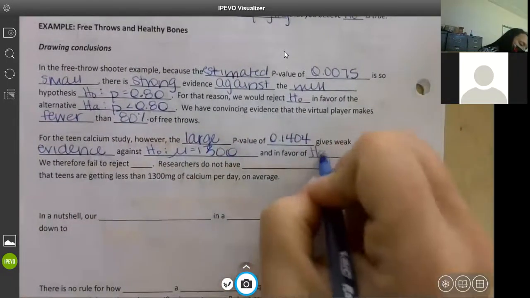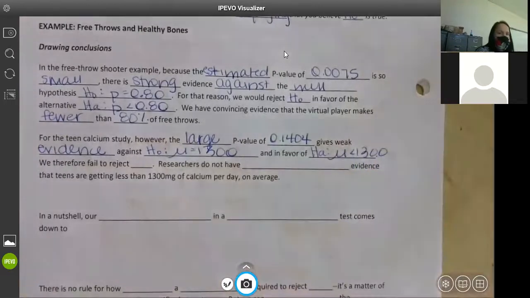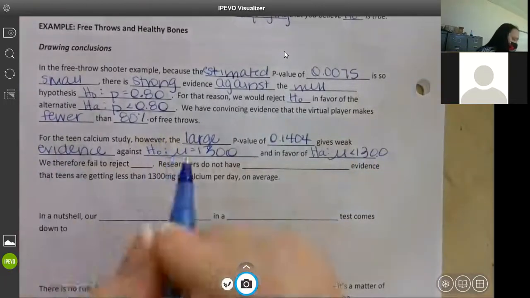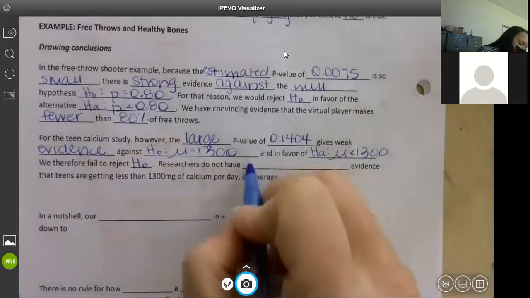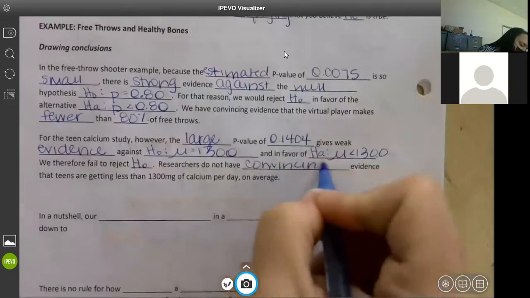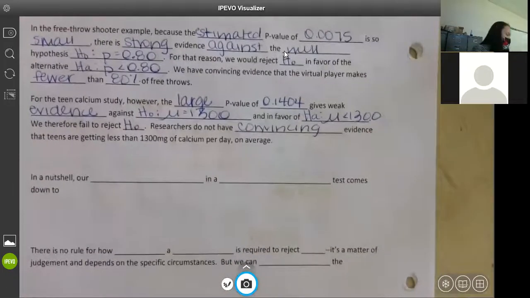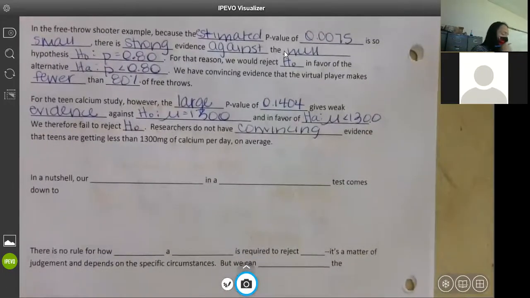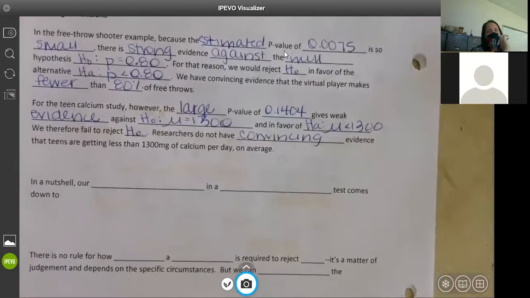And in favor of the alternative, which said mu was less than 1300. We therefore fail to reject H sub O. Researchers do not have convincing evidence that teens are getting less than 1300 milligrams of calcium per day on average.